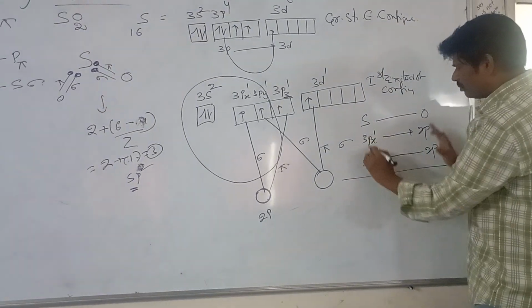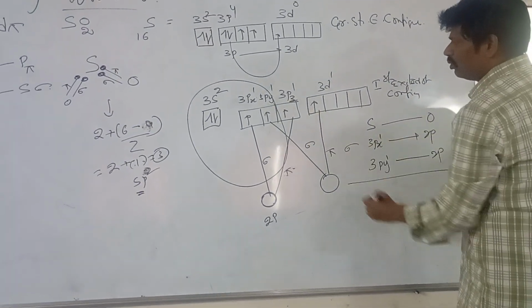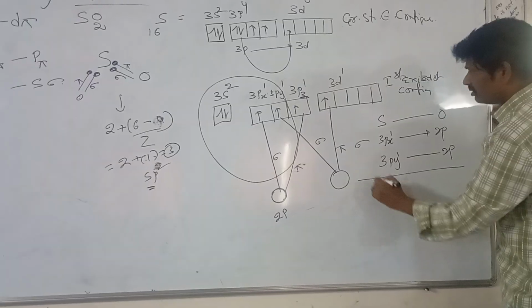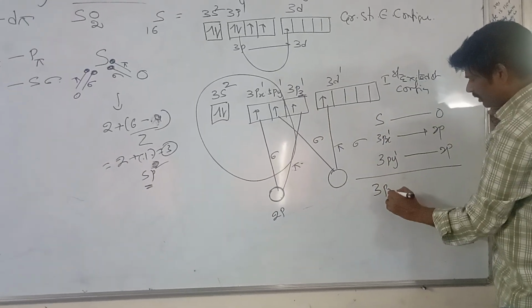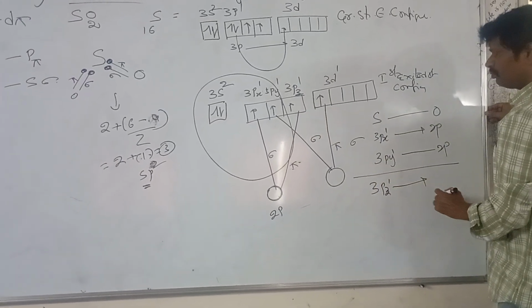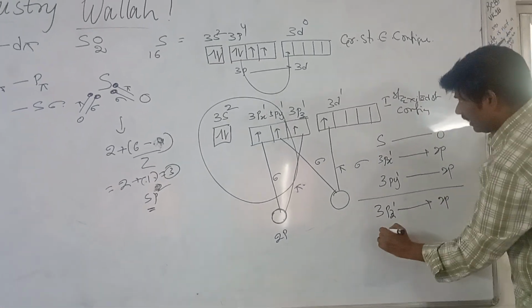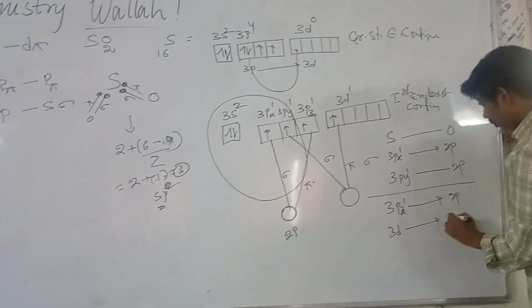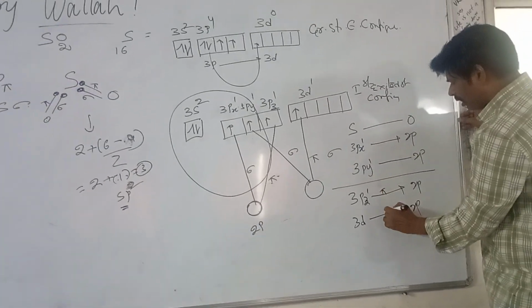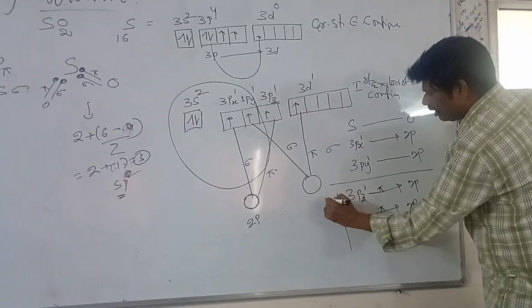These two are sigma bonds. The remaining bonds are sulfur 3pz1 to oxygen 2p level, and again 3d to 2p of oxygen. These two are pi bonds.